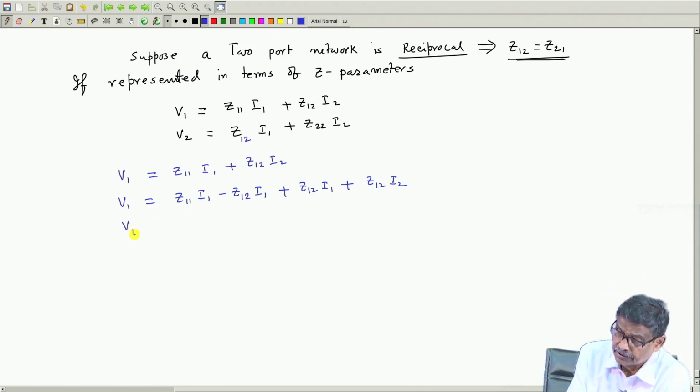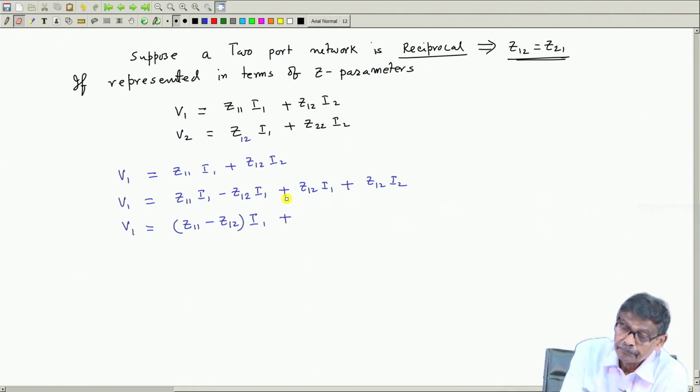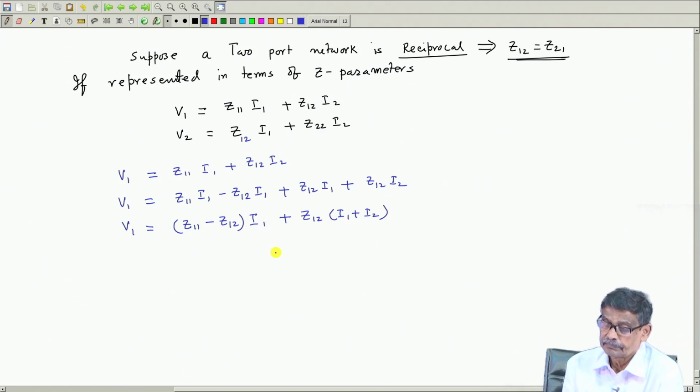Now this V1 will become Z11 minus Z12 into I1, and this one will be Z12 into I1 plus I2. So, keep this as equation 1.